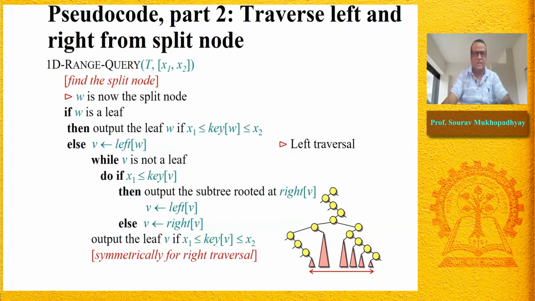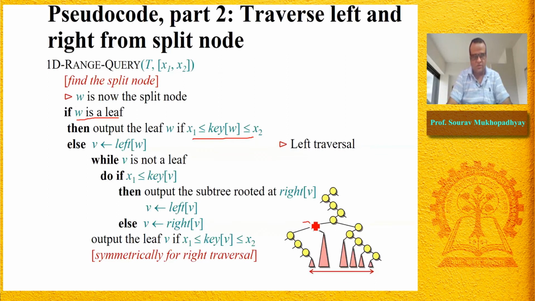So this is the left traversal after reaching the split node. Now this could be a leaf also. If it is a leaf, then we just check whether the value is in the range or not. If it is in the range, we output w.